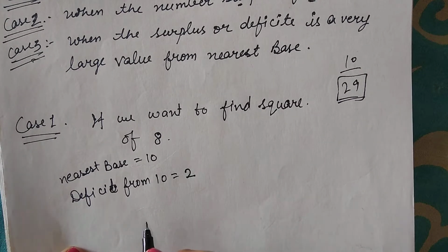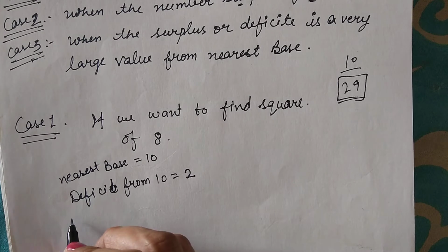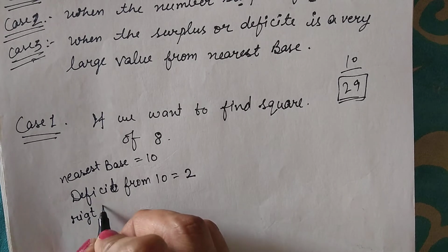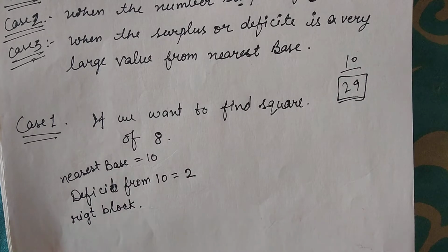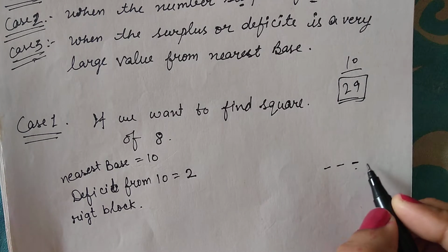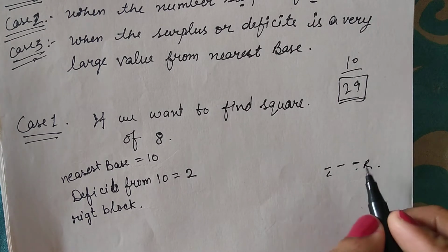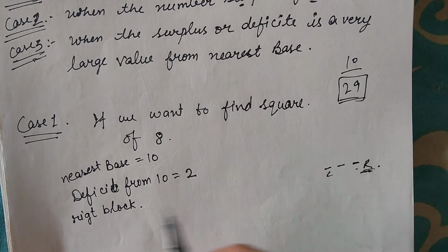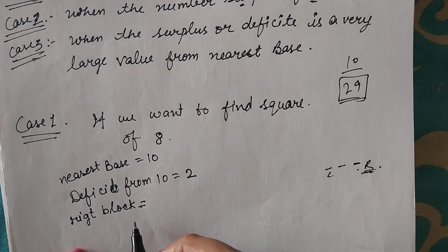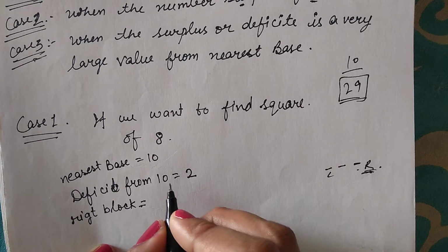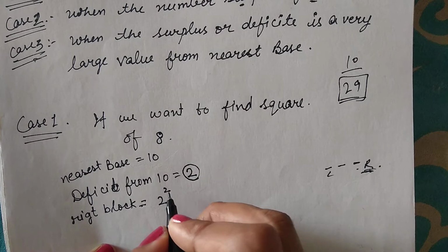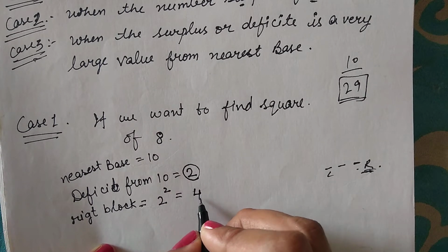Now we write the right block. We start from here, that is the one's place, the right side, and that is the left. On the right hand side we write the right block resultant. Here the deficit is 2, so 2 square is 4.